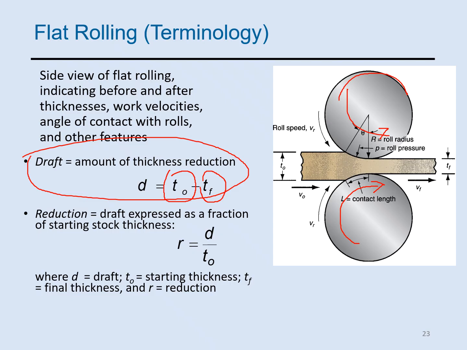If you deduct this value from each other, then you get the draft value. And the reduction is another term. It's a draft expressed as a fraction of a starting stock thickness, and this is a reduction.